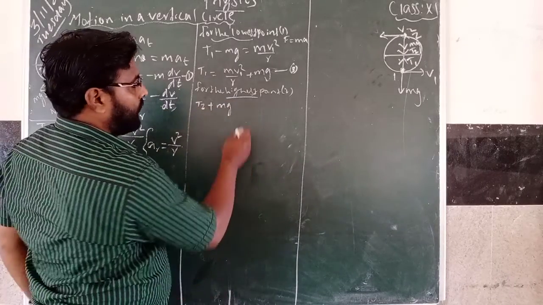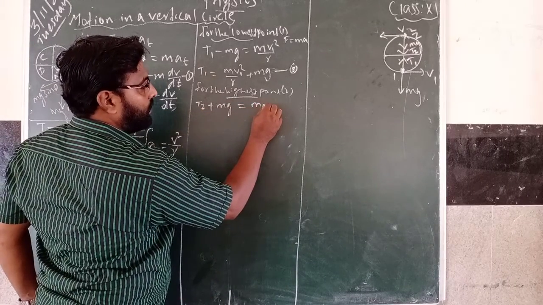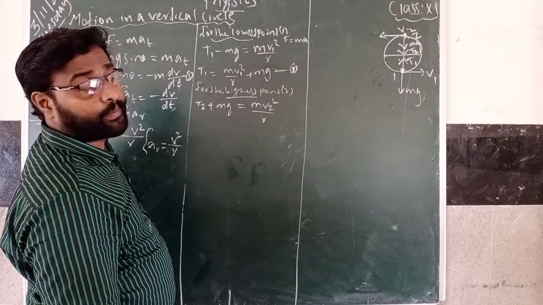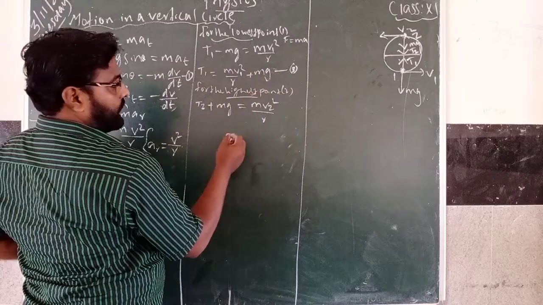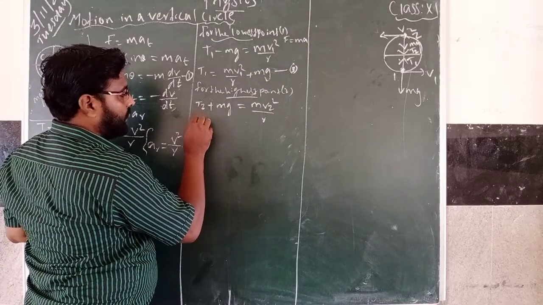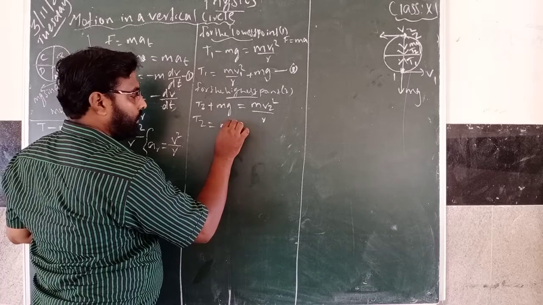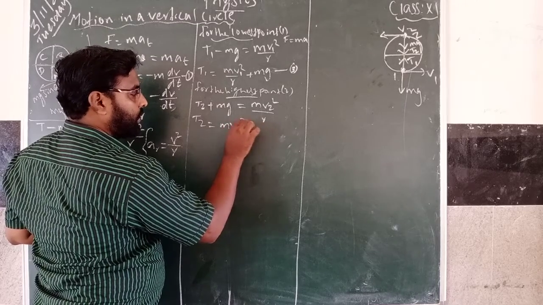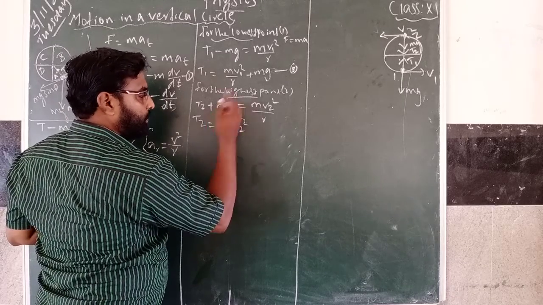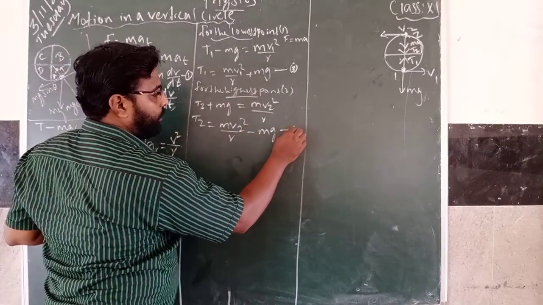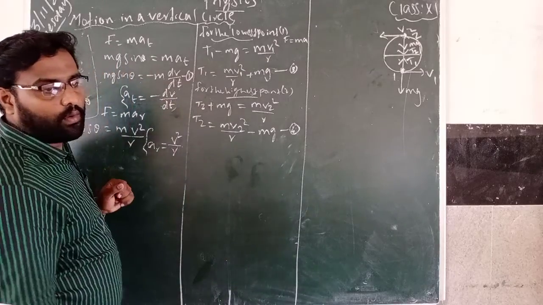So plus equal to m v2 square by r, velocity v2. Now T2 equal to what you can write down? M v2 square by r, this plus mg becomes minus mg. This you can keep equation number 4.